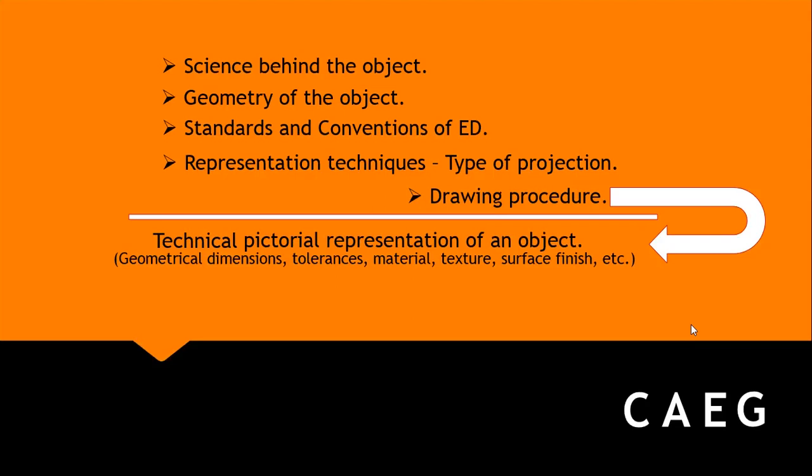Still, it is the responsibility of the student to know those concepts, the geometry of an object, the science behind the object, the standards, different representation techniques. After knowing them, instead of using manual instruments, we can use AutoCAD to do our work in a smarter way. That is the advantage of AutoCAD.